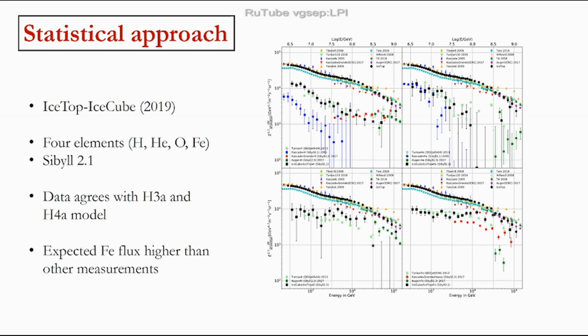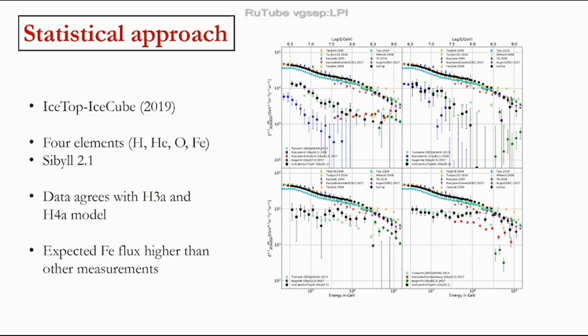Other data with a statistical approach have been published by the IceTop-IceCube collaboration in 2019. In this data, the measurement of the electromagnetic component of extensive showers obtained with the surface IceTop experiment are compared and correlated with the number of muons measured by the IceCube deep under-ice detector. With this approach, this collaboration separated 4 elements: helium, hydrogen, oxygen as a representative of the CNO group, and iron.